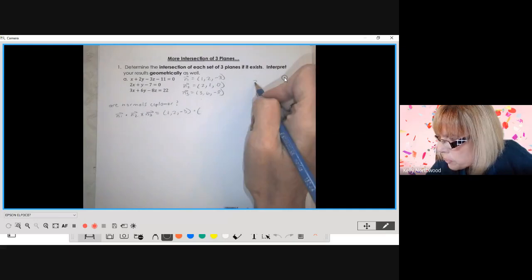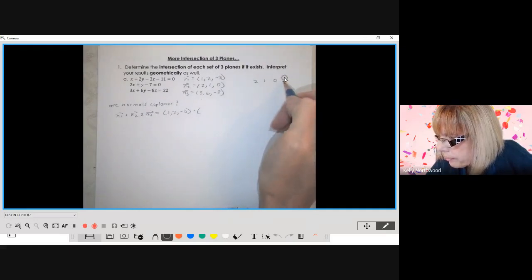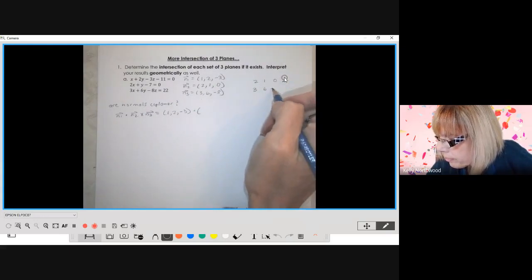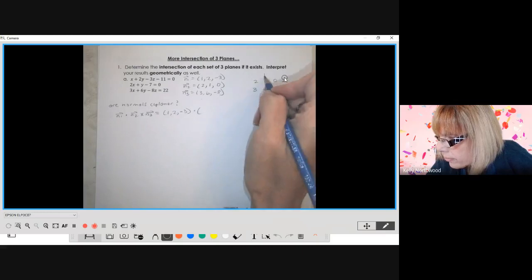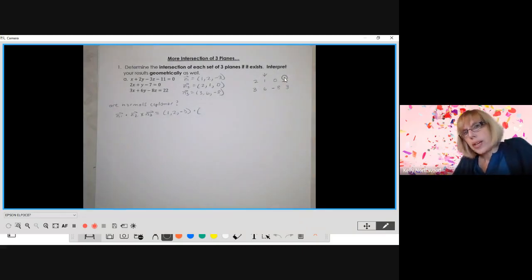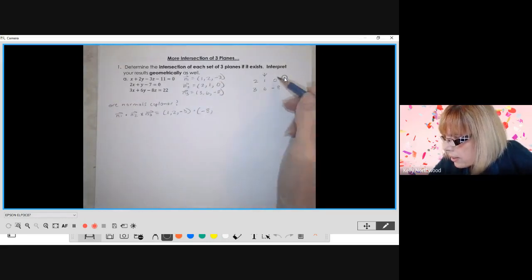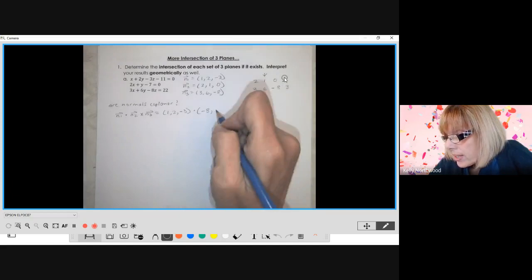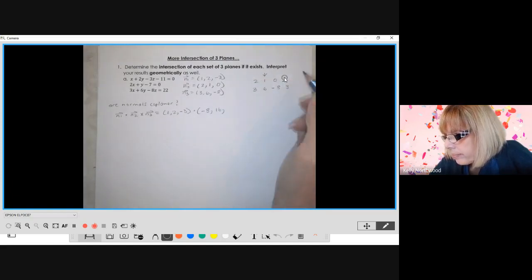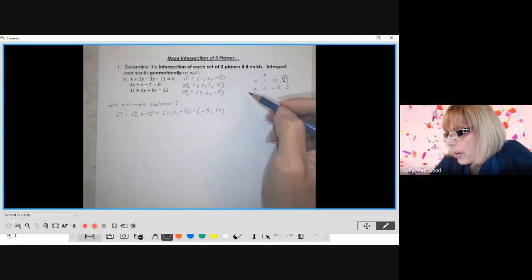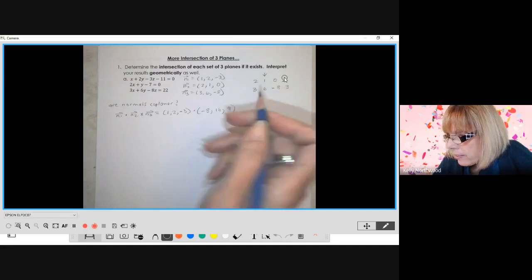So we're going to do the cross product here. Start there. Downward minus upward is going to be -8. Downward minus upward is going to be +16. Downward minus upward is going to be 9.